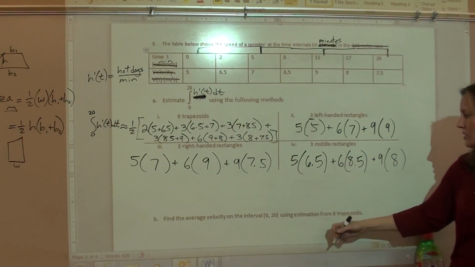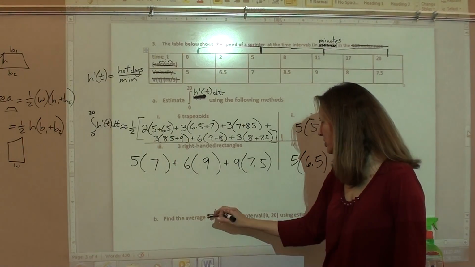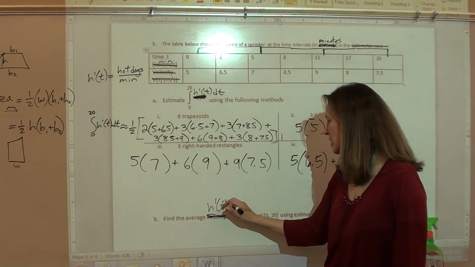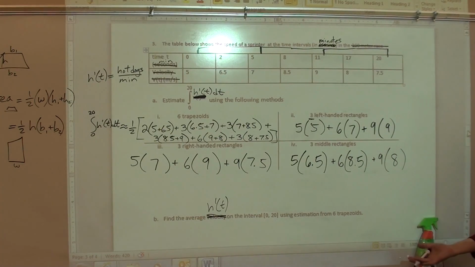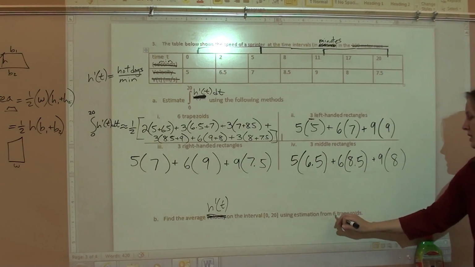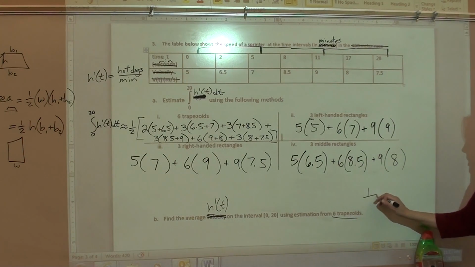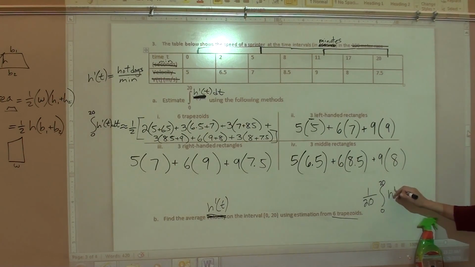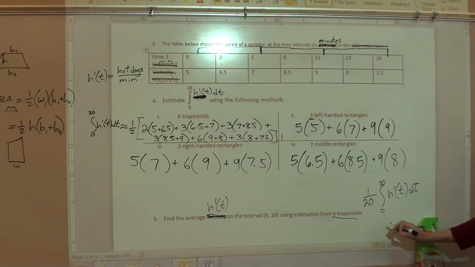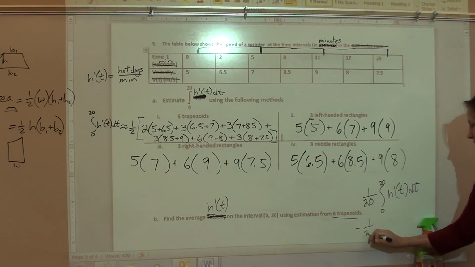Average velocity, so in this case we're going to call it the average rate at which they are eating those hot dogs, right? The average rate of hot dog consumption from 0 to 20. So using 6 trapezoids, it would be 1/20th times the integral from 0 to 20 of h prime. The 1/20th stays.